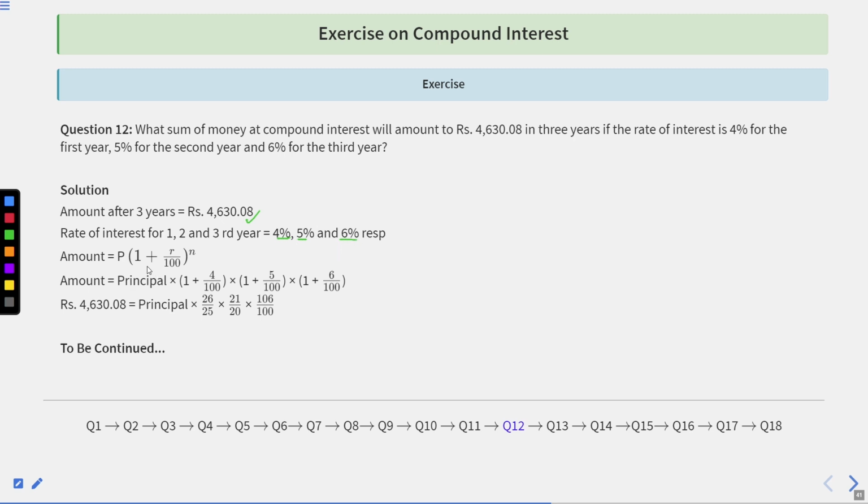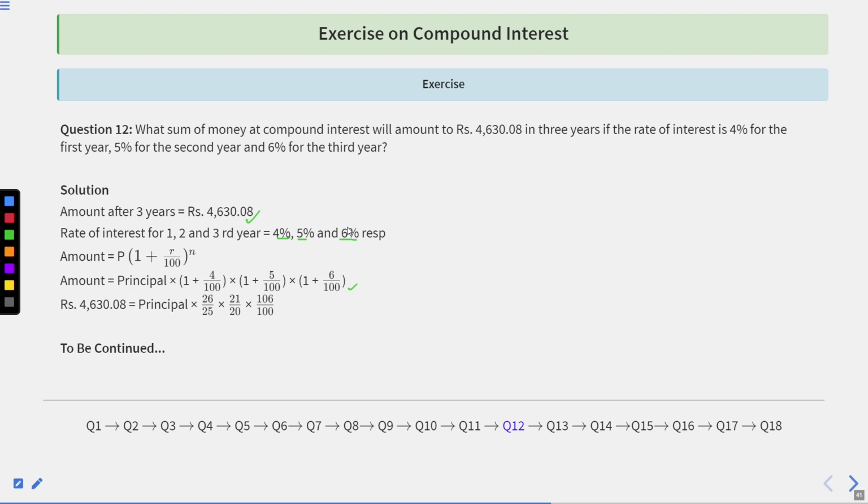So the amount is given by principal into 1 plus r upon 100 to the power n. So amount is equal to principal into 1 plus 4 upon 100 into 1 plus 5 upon 100 into 1 plus 6 upon 100. So amount is 4,630.08.